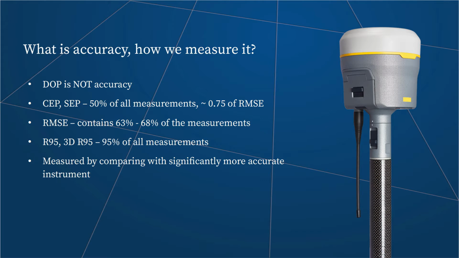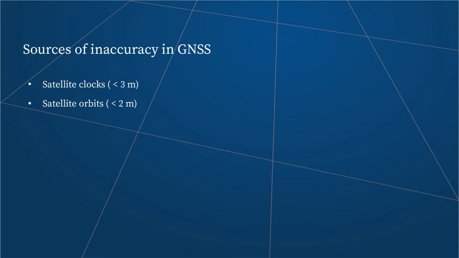Okay, let's see what the factors contributing to all these errors are. Why do we have error when we get a position from a GNSS receiver? Everything starts from the satellites. Each satellite constantly transmits a ranging signal, and within this ranging signal it transmits navigational messages. The most important data in the navigational message are clock correction parameters and orbital parameters.